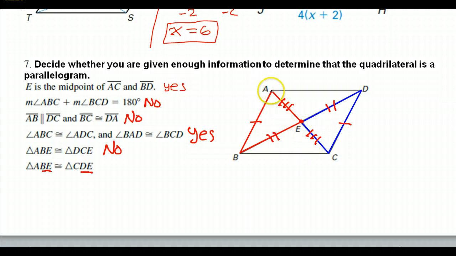So again, E is the midpoint of this diagonal as well. So with these markings, we can see the diagonals bisect, which is enough information to prove that it is a parallelogram. So that is a yes. So you have to be really careful with the triangle congruences. And that is the end of the lesson.